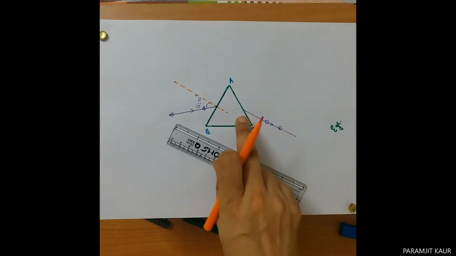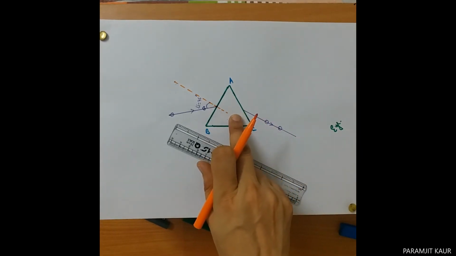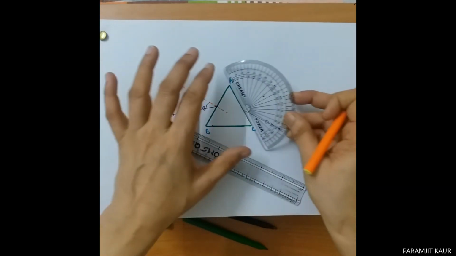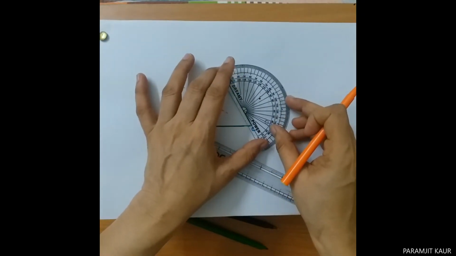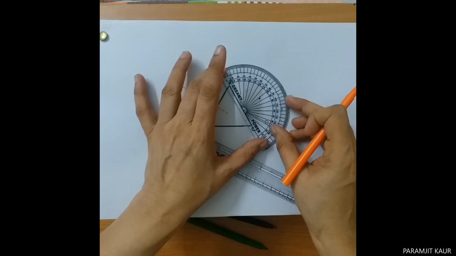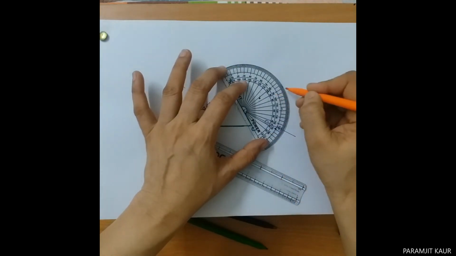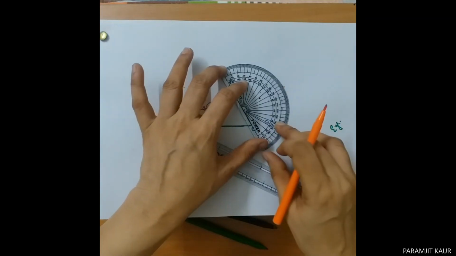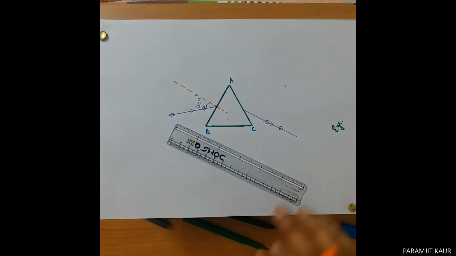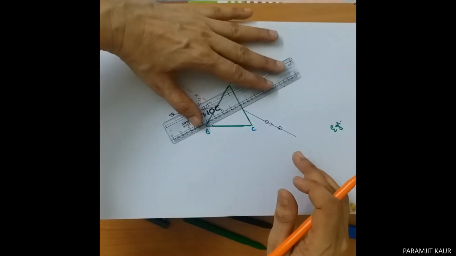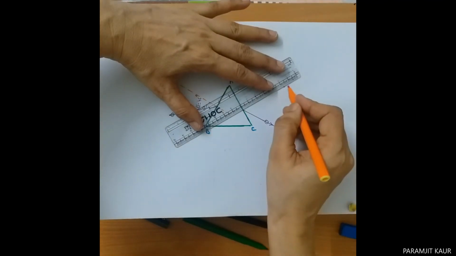At this point on the interface, I will draw the normal. So I'll place the protractor at that point of emergence and I'll put a dot for 90 degree. Now after this, I'll join these 2 points.